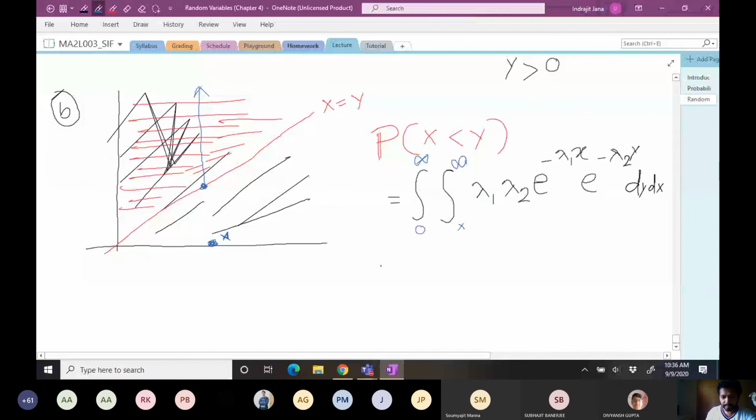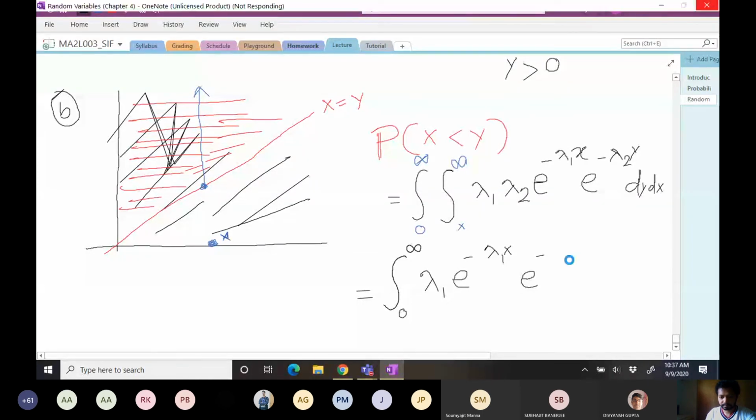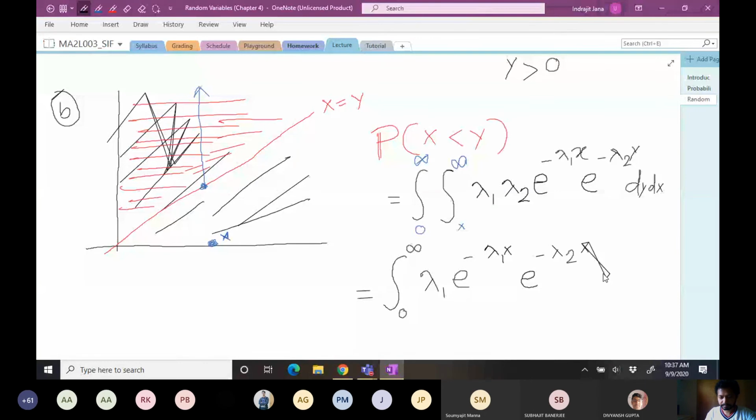If you evaluate this integration, after the first step, the lambda 2 will go away, and you get the integral from 0 to infinity of lambda 1 e to the power negative lambda 1 x, e to the power negative lambda 2 x, dx. This is a very simple integration.